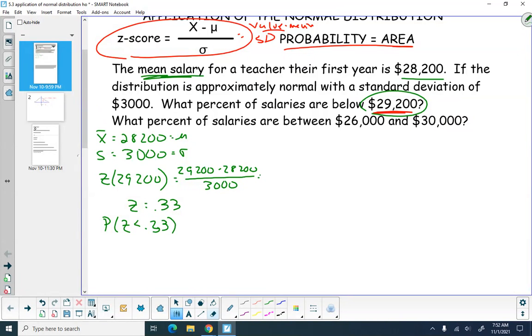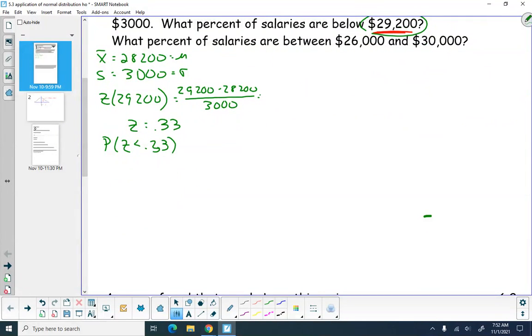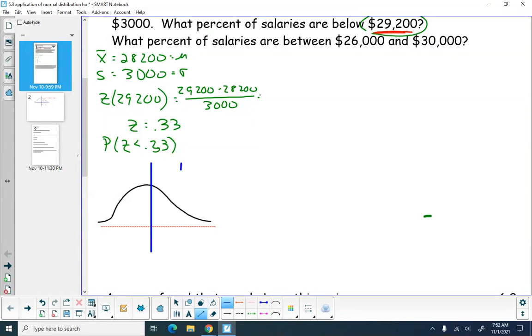The percent of is also your probability of, which is also an area. So we're looking at our z-value of 0.33. Got our 0, we got a z of 0.33.